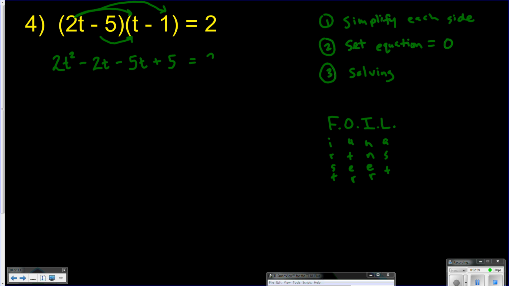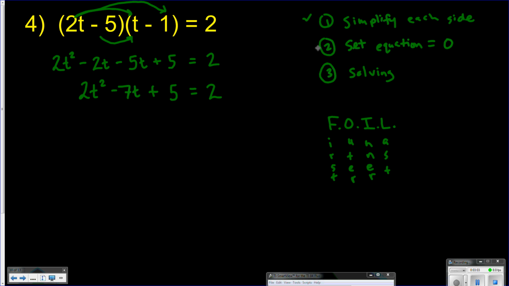Right now that still equals 2, but I need to finish simplifying, so I'm going to have 2t squared. Negative 2t and negative 5t give me negative 7t. I'm going to add 5, and then that still equals 2. So we've simplified this side. 2 is already simplified.